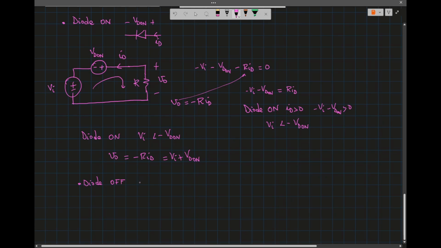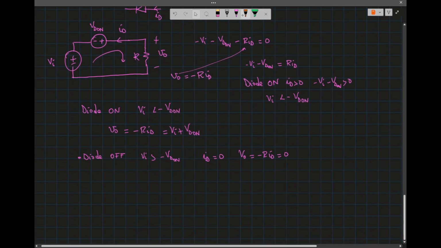The diode will be off when V_I is bigger than minus V_D(on), and in that case there's no current. I_D equal to 0, so V_L, which is minus R I_D, will be equal to 0.